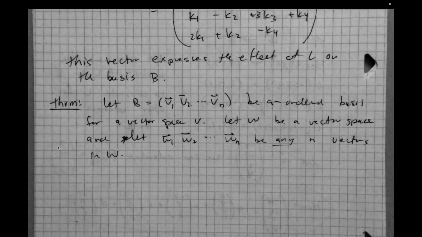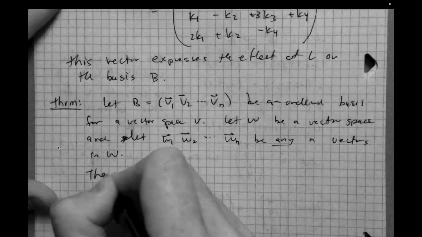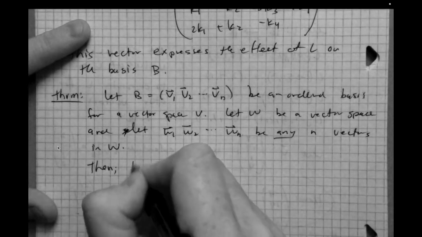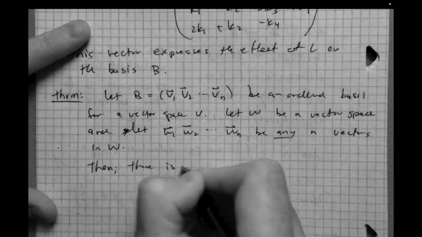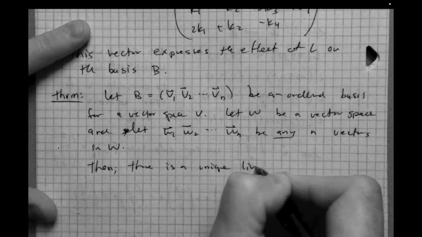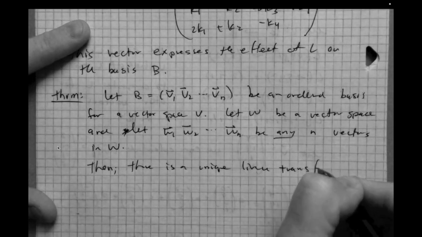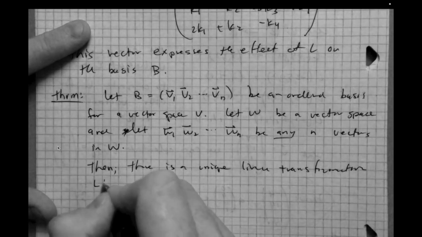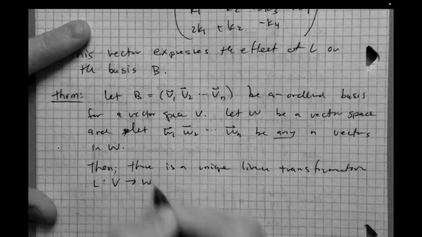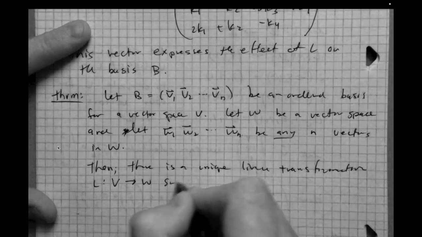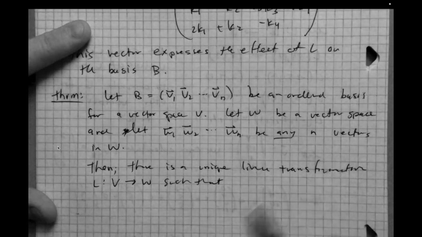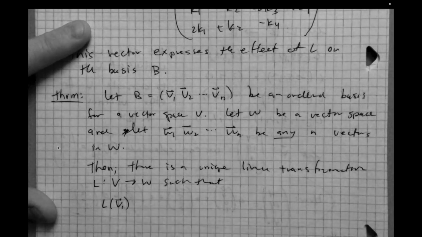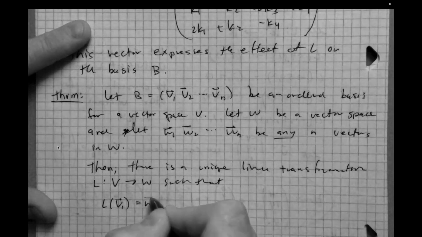Okay. Then here's the result. There is a unique linear transformation L from V to W such that L of v1, you take the first basis vector, is equal to w1.